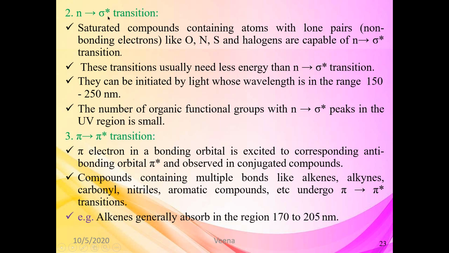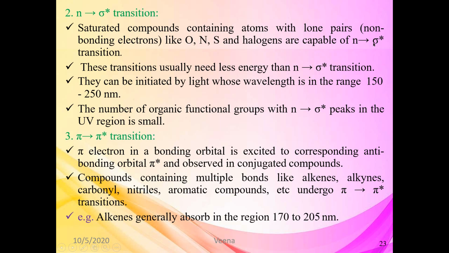That is, what do you mean by n to sigma star transition? It is the excitation or transition of non-bonding electrons to sigma star antibonding molecular orbital. So this will happen in case of molecules which contain non-bonding electrons.